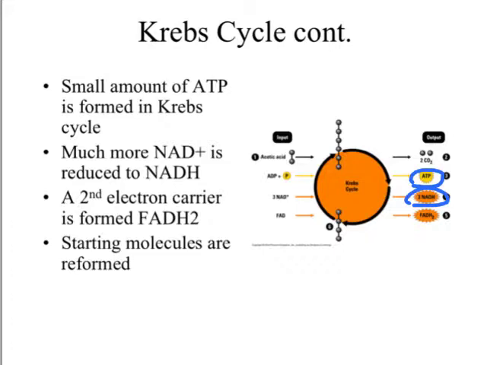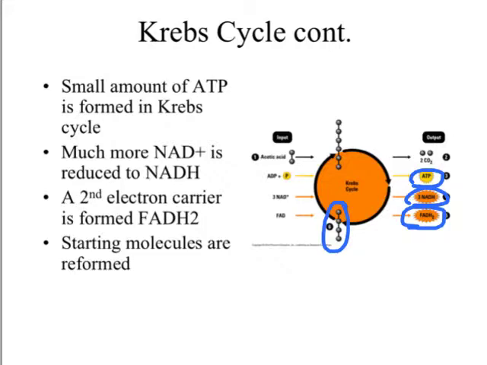We've also got a second electron carrier, which is called FAD, and that's reduced during the Krebs cycle to make FADH2. Okay, so we get these 3 energy type molecules out of the Krebs cycle, and the starting molecule, that first 4-carbon acceptor molecule, is recycled or reformed.